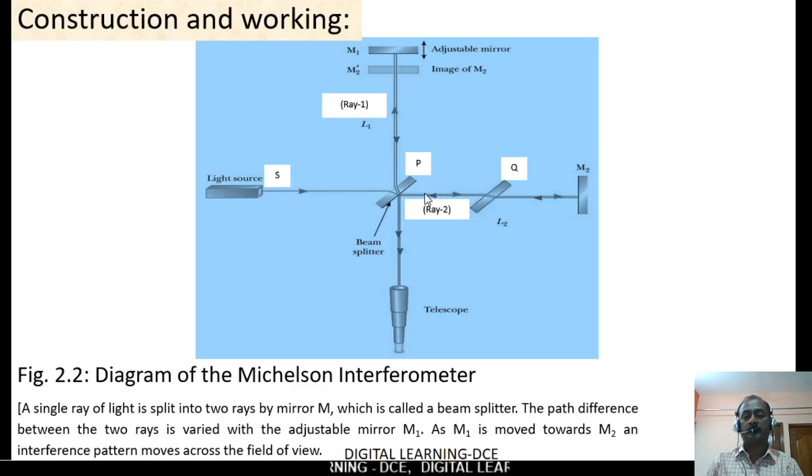The path difference between the two rays is varied with the adjustable mirror M1. As M1 is moved towards M2, an interference pattern moves across the field of view. You can see the interference pattern using the telescope. Let us see how it is constructed.